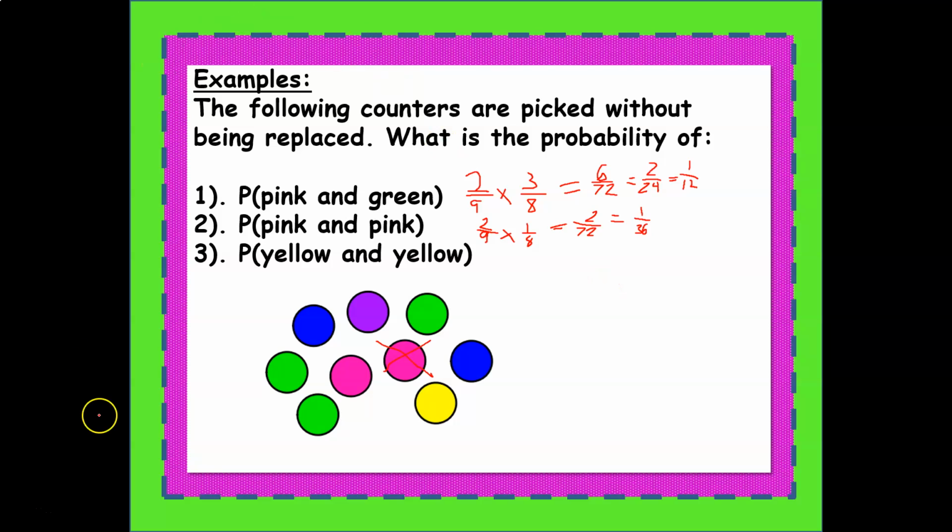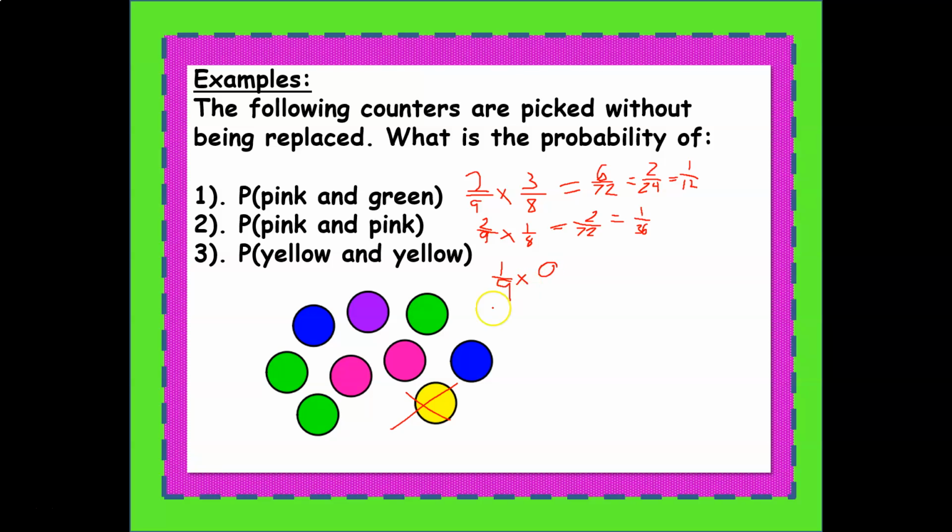What about drawing a yellow and then a yellow? So we're done with that pink one. So the probability of drawing a yellow is 1/9. And once we have that yellow out, what's the probability of drawing another yellow?